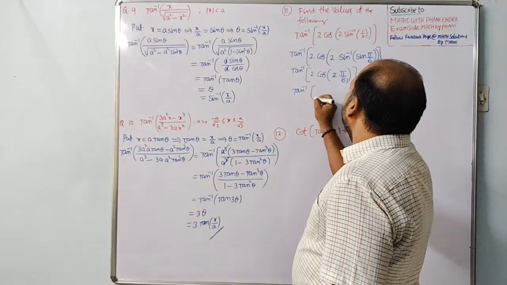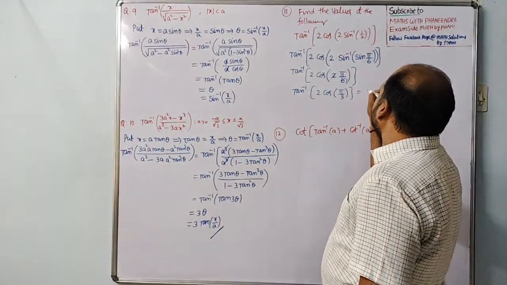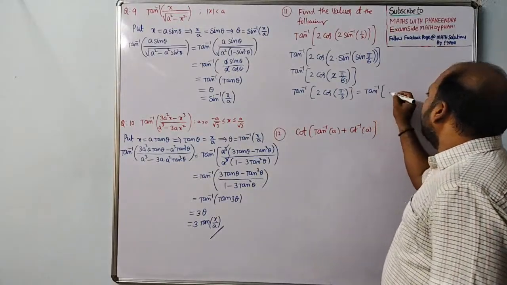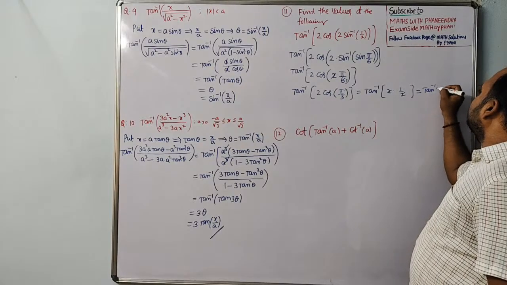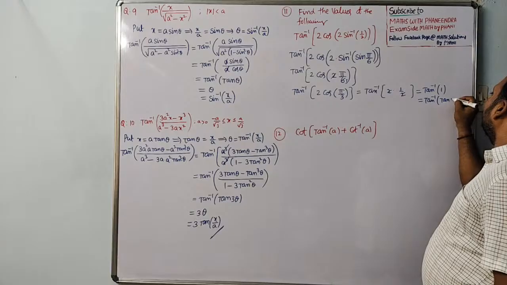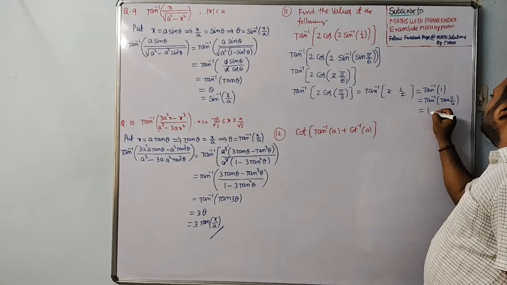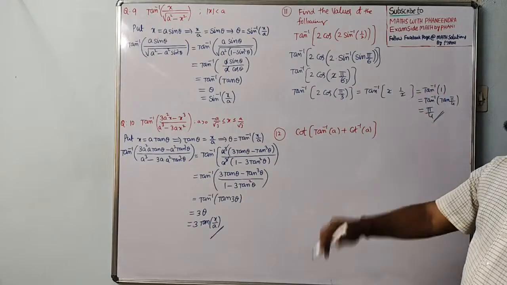Tan inverse of 2 into cos pi by 3. What is cos pi by 3? Cos 60 degrees, 1 by 2. So tan inverse of 2 into 1 by 2, tan inverse of 1. What is tan inverse of 1? Tan inverse of tan pi by 4. Tan inverse of tan theta is equal to theta. That means pi by 4. We simplified the following values.